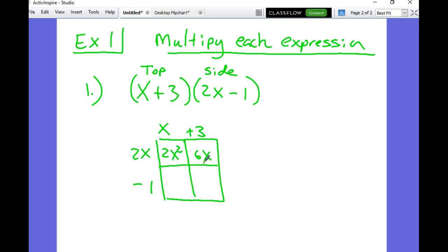You're going to do that times that to fill in this box, and for this box, it's that top times that side. See if you can fill them in. Basically the side by the top. Yes, exactly. For this box, you'll do 3 times negative 1.